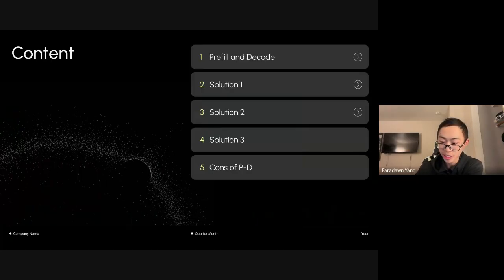After this lecture, you will know how PD works and how you can get the most performance out of it, such as should you use it for prefill heavy workload or for small models or big models. We will discuss all these industry practices.